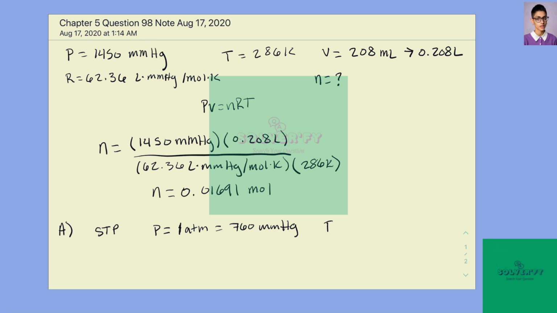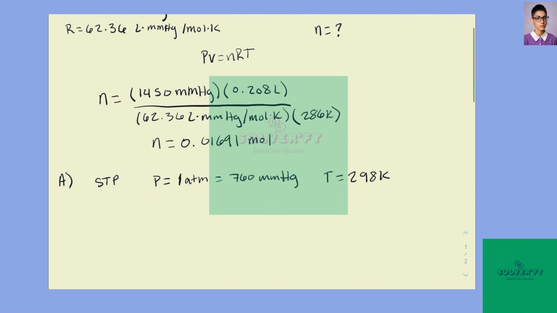And our standard temperature is equal to 298 Kelvin. So again, we're looking for our volume. So V is going to equal nRT divided by our pressure. So this is going to look like, we're just going to use the moles that we just found.